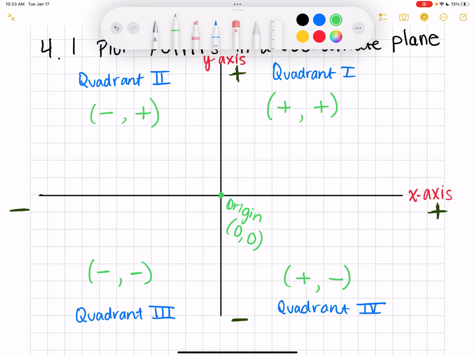And then we count, usually I just do increments of 1. And so if you don't have graph paper, well, technically if you do, you should put little lines on the graph to show where each point is. But definitely if you don't have graph paper, make sure you label the points on it.